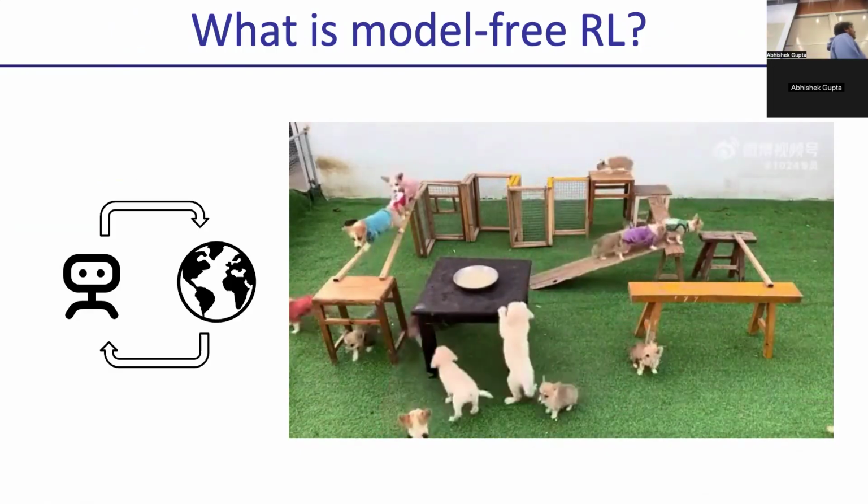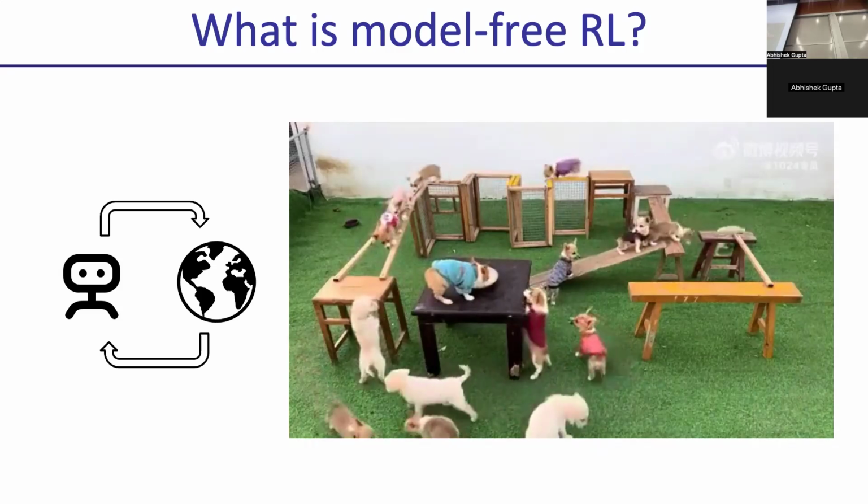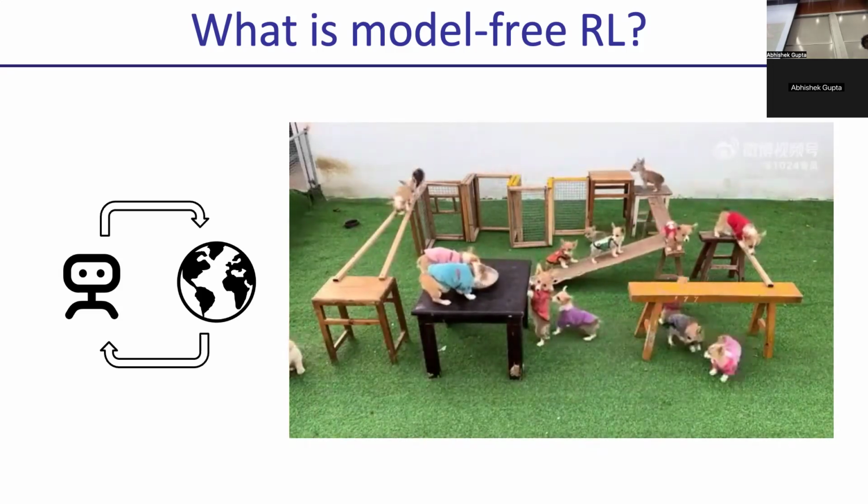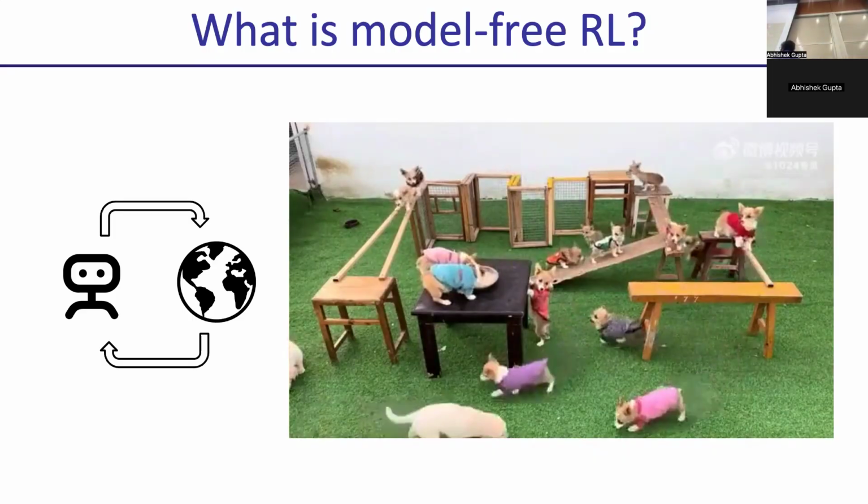Essentially, they're trying a bunch of stuff, and eventually someone's going to find a way there, and then the agent starts doing it more and more and more. What I'm trying to get at is it's essentially a process of trial and error. It's like a formalization of the process of trial and error. You try stuff, you see which stuff was good, which stuff was bad. You do more of the good stuff, you do less of the bad stuff. That's the fundamental intuition behind model-free RL.